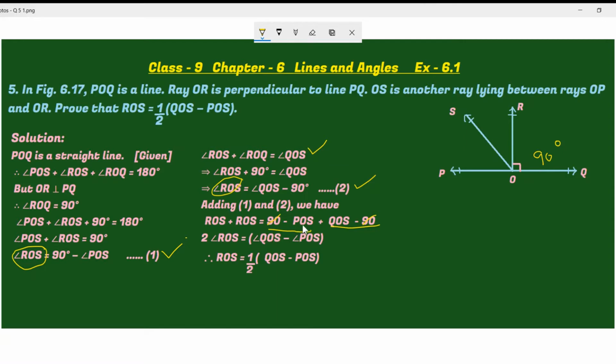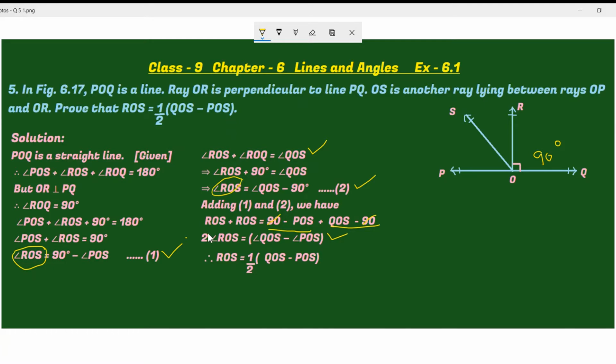The rest are minus POS plus QOS. So I write this as QOS minus POS. There are two ROS, so adding these, 2 times ROS is equal to angle QOS minus angle POS. We have to prove ROS is equal to half of QOS minus POS.